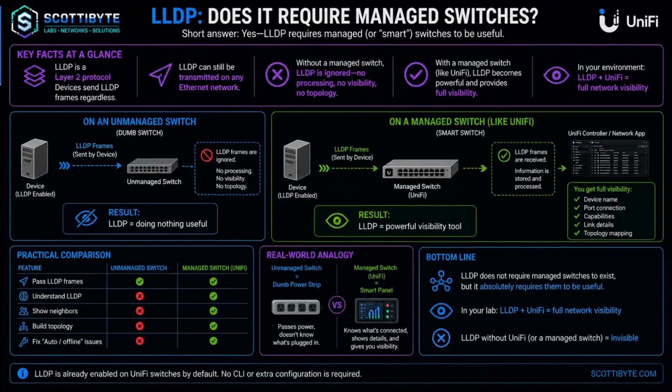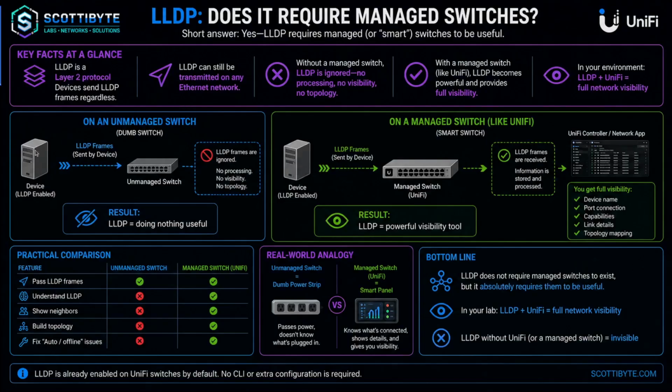I added this slide because I felt like it was really worth pointing out the fact that LLDP does require managed or smart switches to be useful. It's because LLDP is a bidirectional protocol. That is, the host talks to the switch and the switch talks to the host.